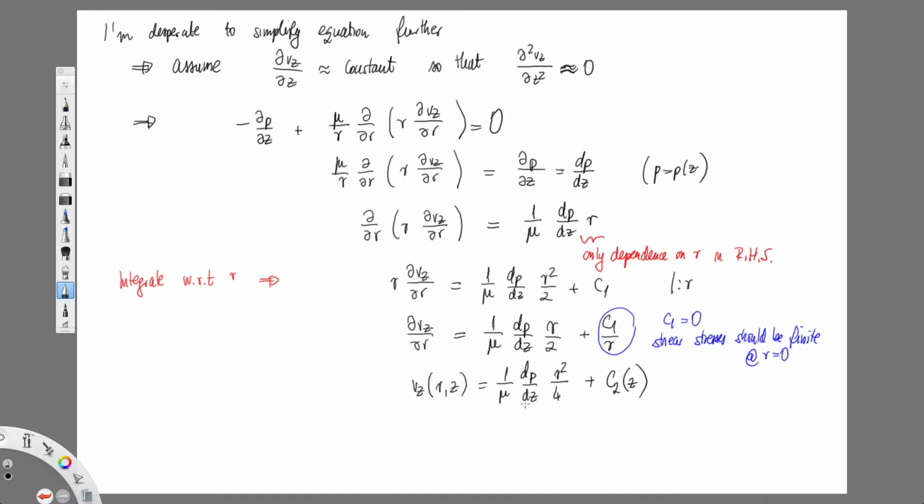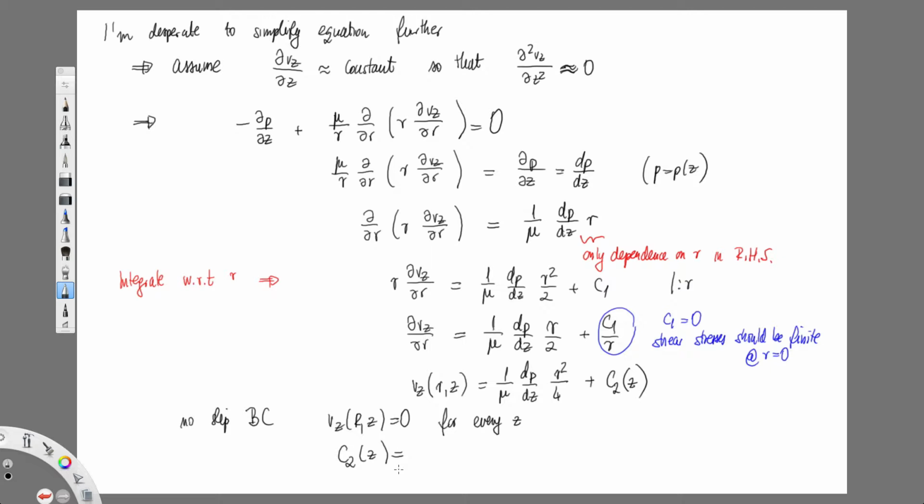Now, good news is that my no-slip boundary condition is still vz at r equals R is equal to 0 for every z that I have, so every z possibly along the tube. So basically that gives me C2 of z, so I can find this function.